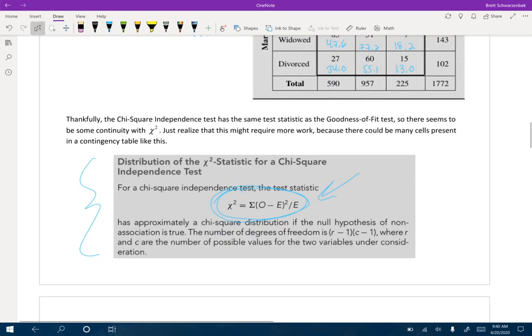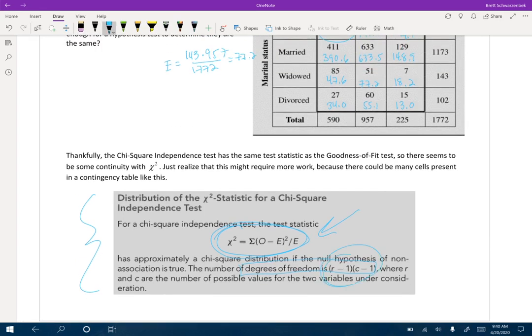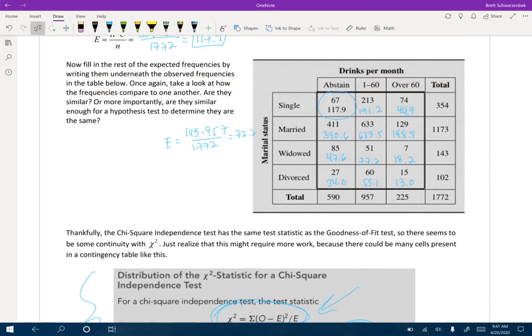So there's one small thing though, before we get to that. The degrees of freedom also has to be different. So the degrees of freedom in our scenario is r minus 1 times c minus 1. So what is that? That is the number of row variables minus 1 times the number of column variables minus 1.